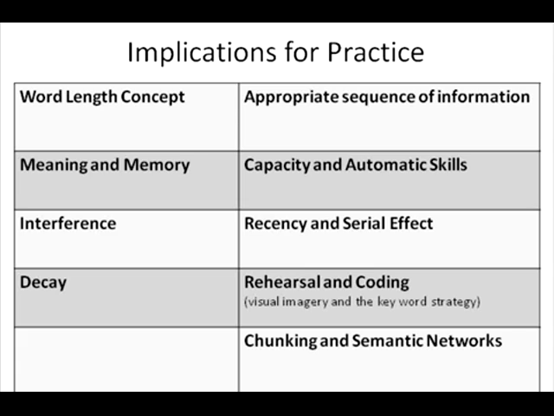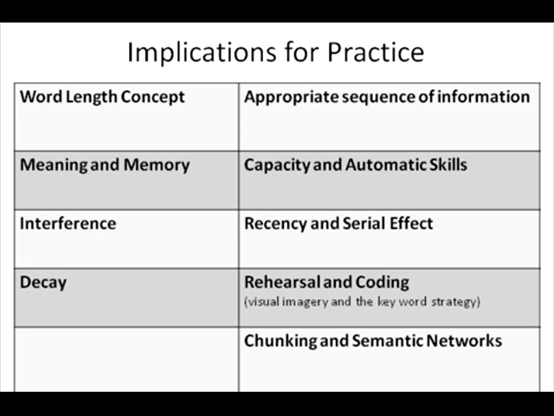Bob already explained the recency and primacy effect, and the importance of rehearsal and coding in short-term memory, in order for that information to stay there long enough to go to working memory, so working memory can work that information and store it in long-term memory. With rehearsal, many of us would recall preparing for an examination and using note cards, where there was visual information that we visited repeatedly until we moved it from short-term to long-term memory.